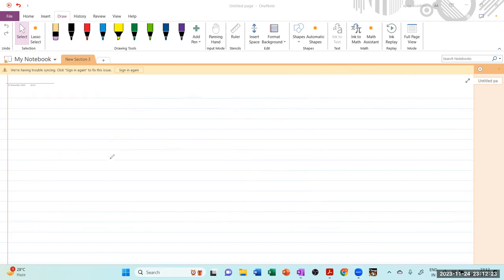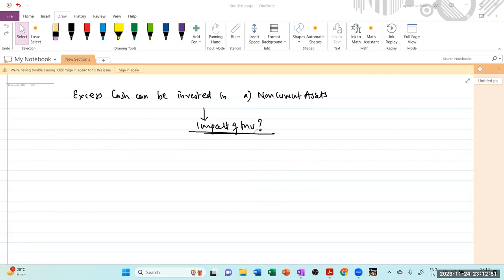Next. Now, what can happen sometimes is excess cash can be invested in non-current assets. What is the impact of this? Point number A, cash will reduce. This means obviously current assets will reduce.